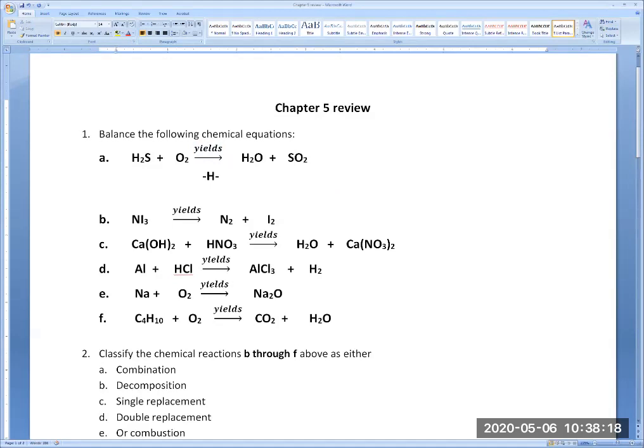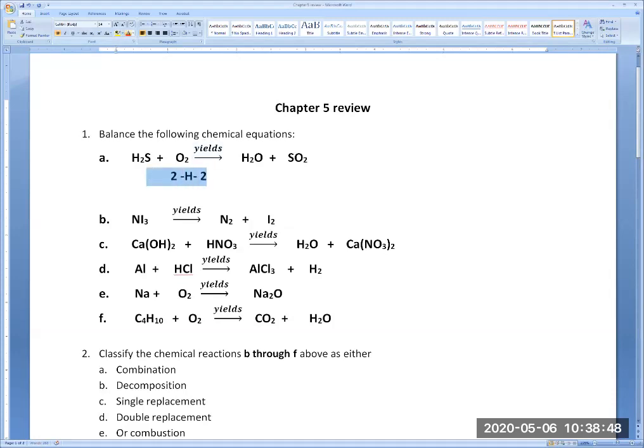On the left, we have 2 hydrogens. The subscript 2 here belongs to hydrogen. It's always applying to the element before, right? So it means we have 2 hydrogens on the left. And on the right, we also have 2 hydrogens from the molecule of water.